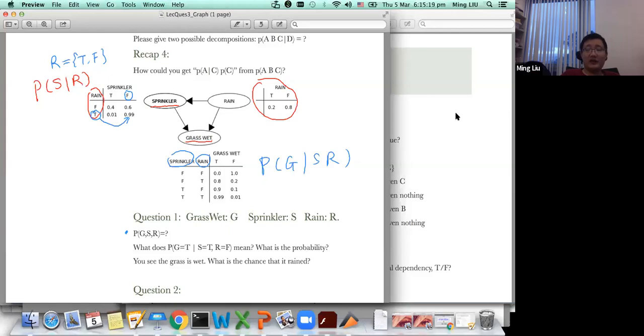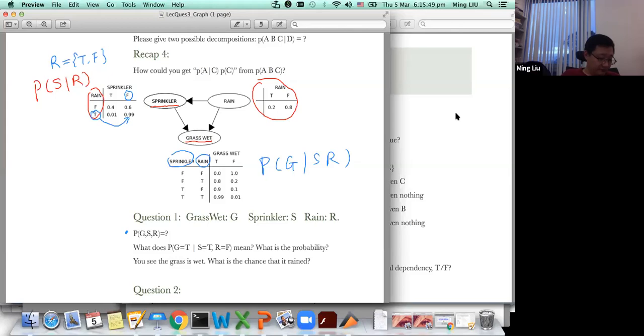As you already have a graph, and this graph already defines the relation among all these random variables, this joint distribution is fixed. Great, this is true. William gives the correct answer. It's P of G given S and R, times P of S given R, times P of R.